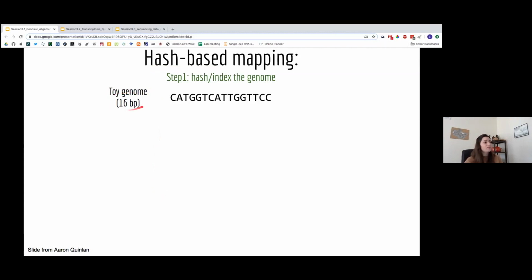Let's say we have a toy genome. In this case, instead of 3 billion bases, we're only going to have 16, and this is your entire genome. If we were to create an index for this genome, we first have to choose what is the hash size, so what is the k-mer size for this index, and we chose 3. That means that we're going to create an index that is composed of 3 letter words.